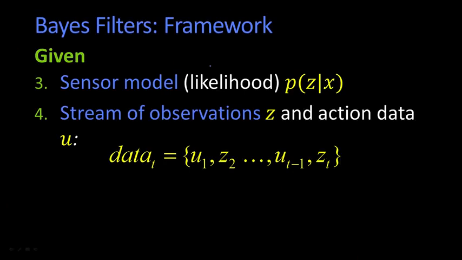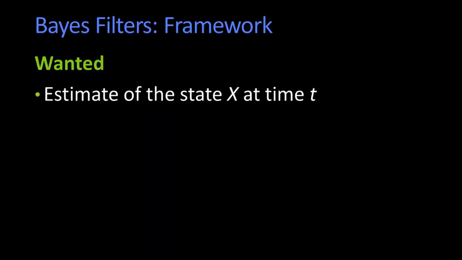And then finally, we're given the stream of observations, the z's, so z1 through zt minus 1, or through zt. And also, we know the actions, okay? So we know the action data u1 through t minus 1. So those are the four things that we have. What do we want? Well, what we want is the estimate of x at time t.